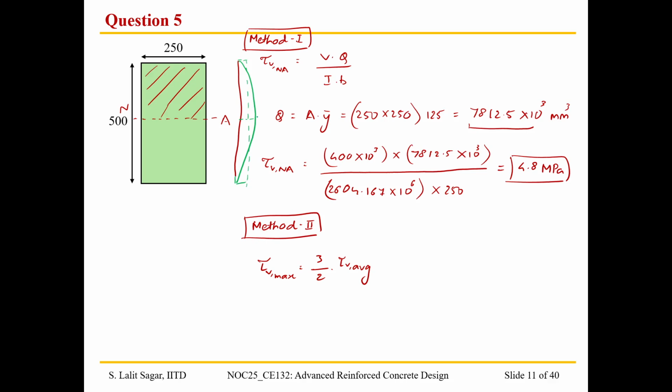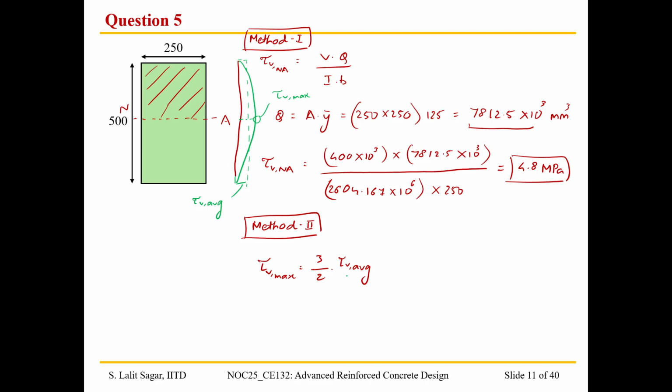Let us call this point tau V max, and this rectangular dashed box is tau V average. So if we are able to calculate the tau V average for the cross section, we can obtain the maximum shear stress, that is at the centroidal axis, by multiplying it by a factor of 1.5. Okay, it's as simple as that.